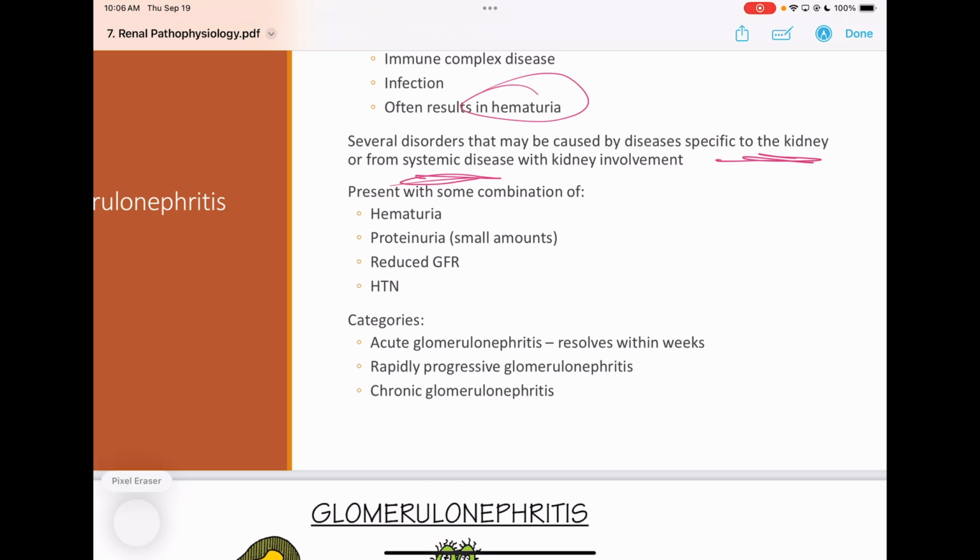They're going to present with some combination, hematuria, proteinuria, but very, very small amounts. This is nephritic syndrome, so majority of it's going to be red blood cells, but you may see some small amounts of proteinuria, reduced GFR, and hypertension.